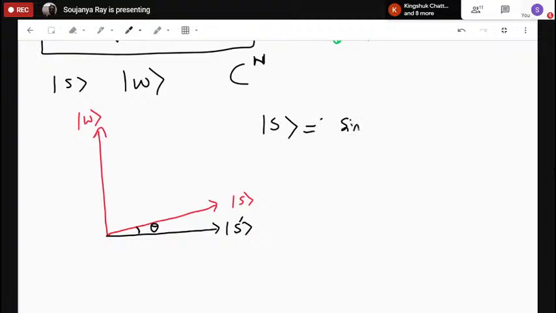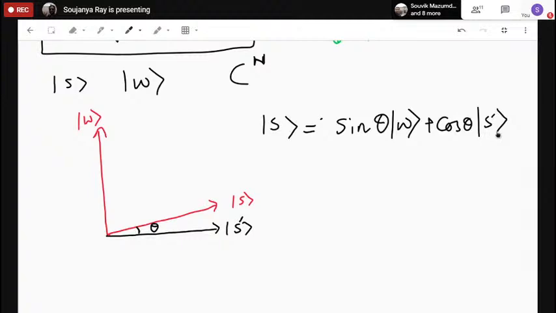sine of theta times W plus cos theta times S dash. So this is a proper representation of the state S, and if you really are interested in theta, then theta has an exact definition: theta is nothing but arcsine of <S|W>.